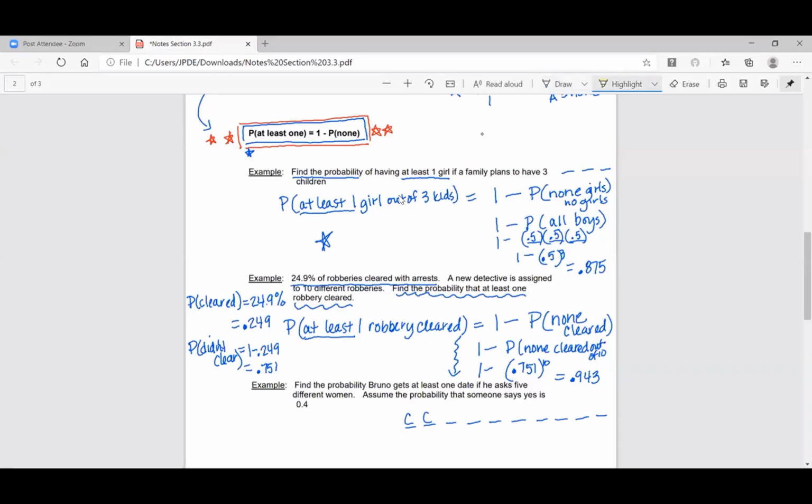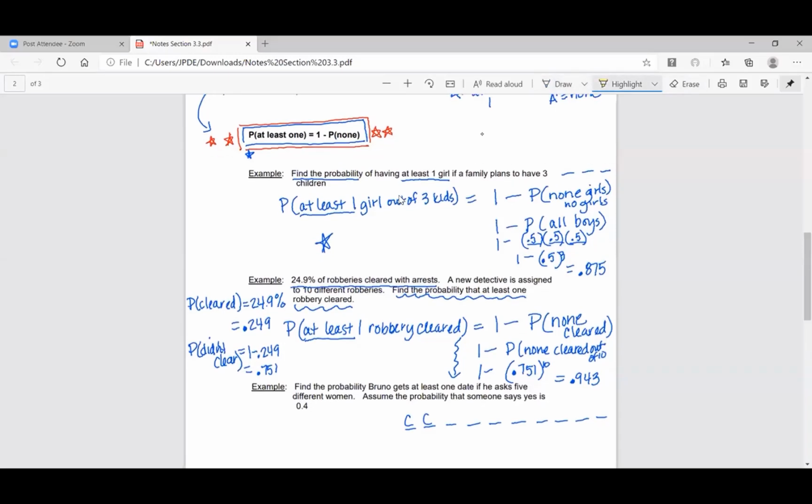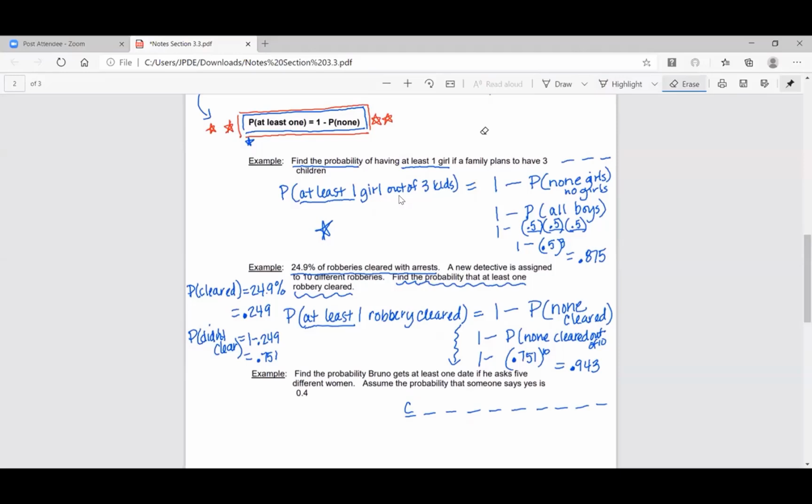Or it could be the first and the third, or the first and the fourth, and the first and the second. Think about how many different combinations, because it's at least one or two or three or four. To go through all of those possibilities would take forever. This is a lot more efficient.